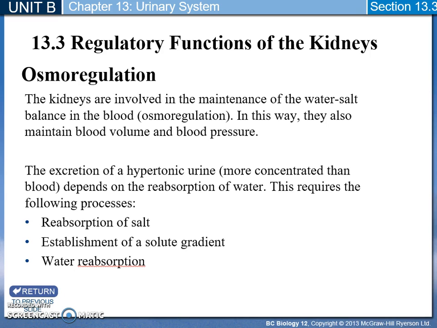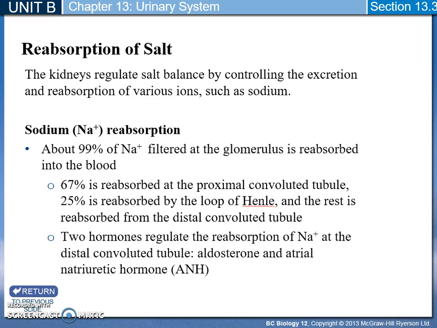This entire process requires the following processes: the reabsorption of salt, the establishment of a solute gradient, and water reabsorption. The kidney is able to do all of these things.